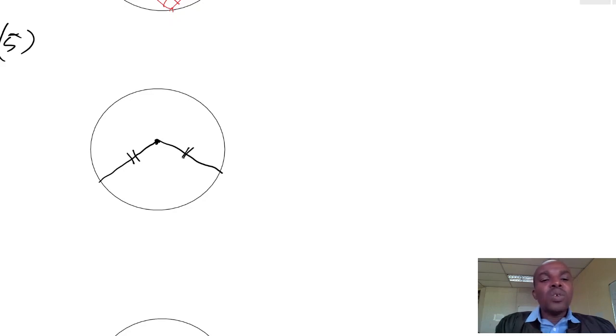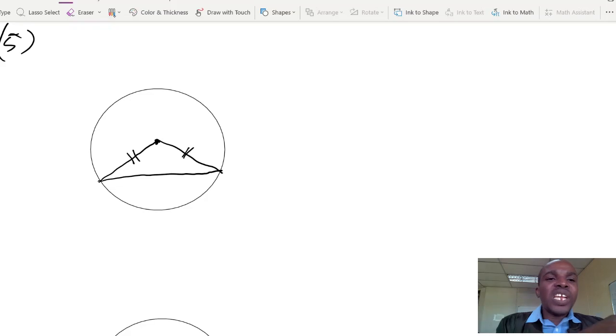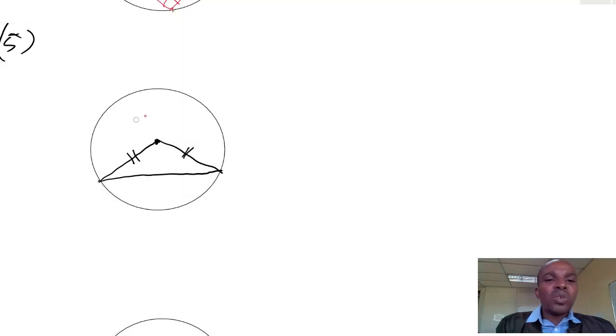If I join these two radii, they form what is known as an isosceles triangle. If we take note of the angles in an isosceles triangle, this angle and this angle are the same. If this angle is x, then this angle is x, which means the base angles of an isosceles triangle are equal. So this one is another theorem.